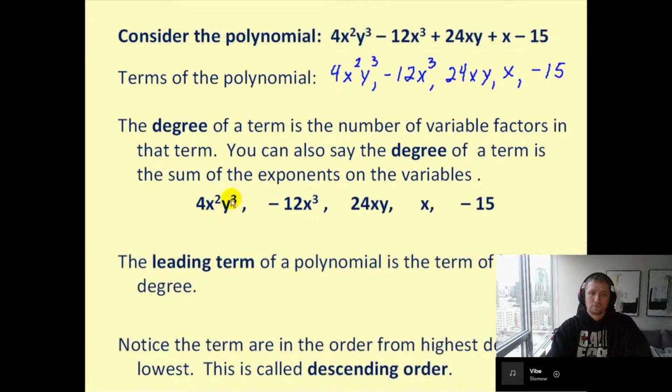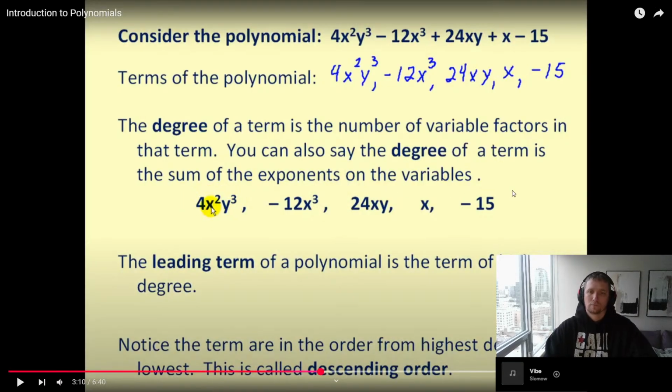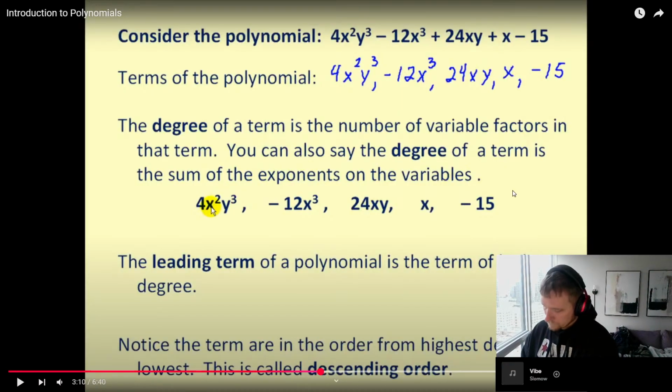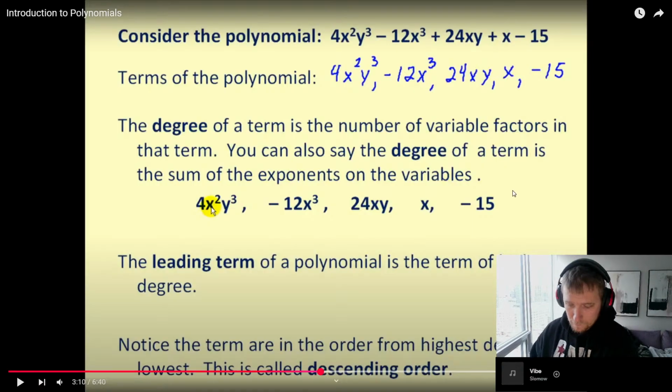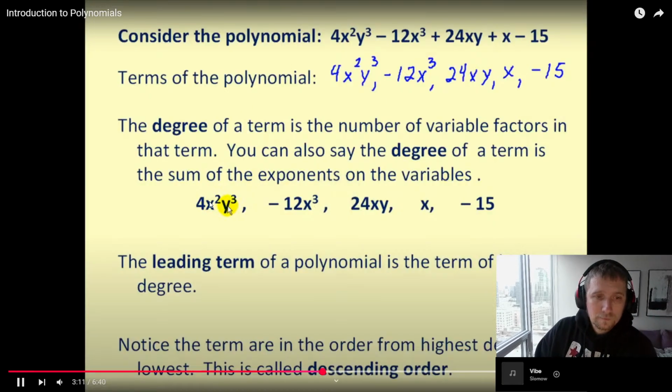So the degree of this first term, because there's two factors of x here and three factors of y, the degree of this term would be 5. You can see an easy way to do that is just add the powers on the variables.